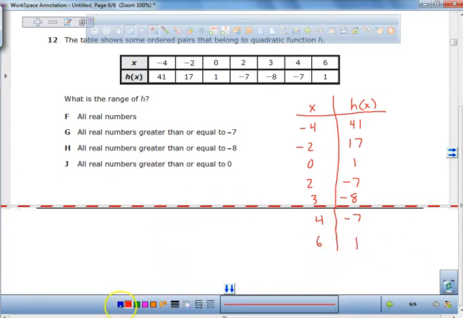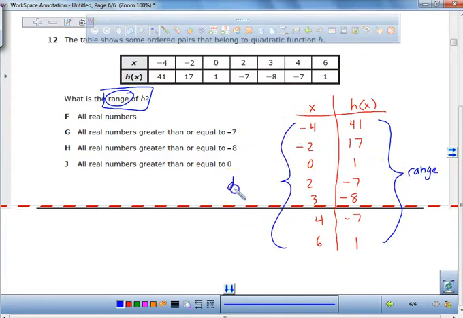And what's it asking for? It's asking for what is the what? That's the range. So here's what I want you to do. Over on this side, I want you to label that. This is what's called your range. Over here, this is what's called your domain. So label domain and range.